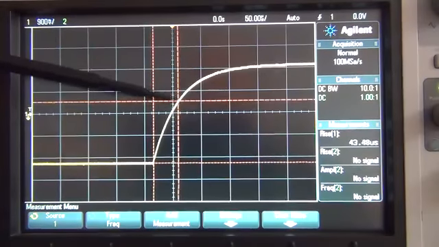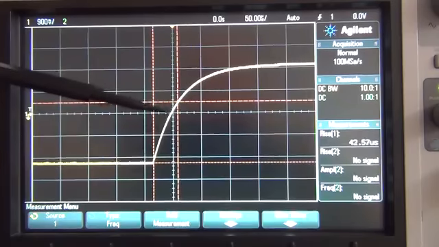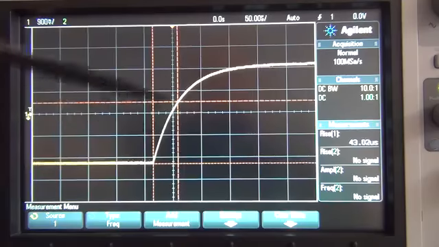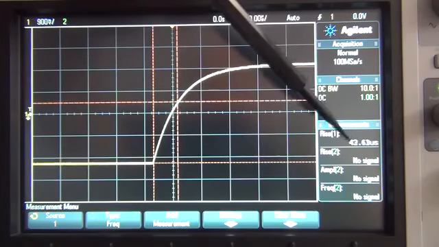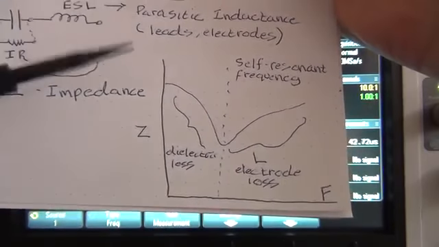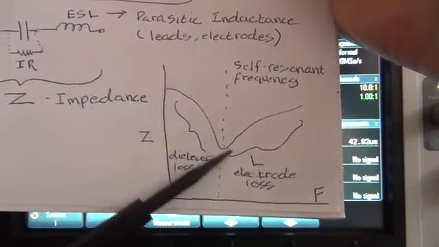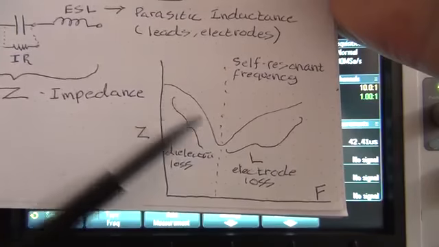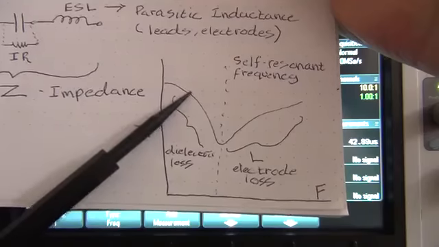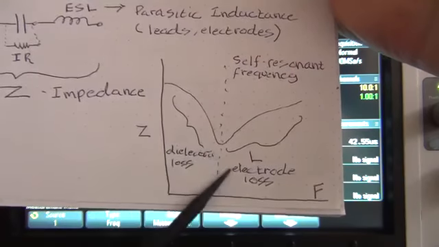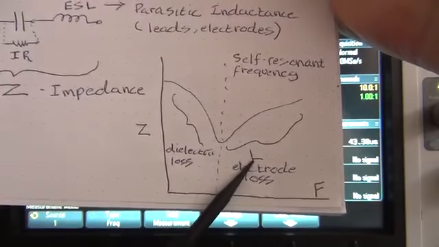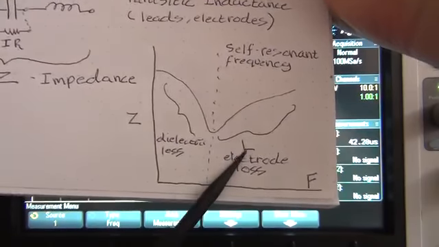And what I want you to note now is I'm going to change the frequency on the function generator, and let's note what happens to the time. Just remember what we're expecting to happen. At some point along the curve, and I don't know where we are on the curve on this particular capacitor, you're going to hit a point where you're increasing your impedance as the frequency increases, and that's due to inductance.